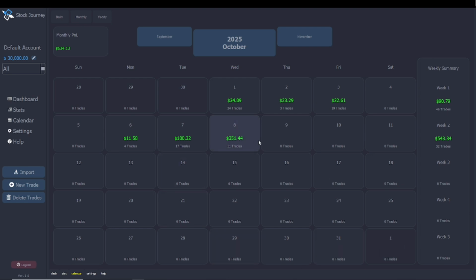So about this app, this is something that I created. I will be creating a separate video for this app because I was looking for some sort of free stock journal where I can keep records of everything, like how much I make on each day or how much I lost in each day.